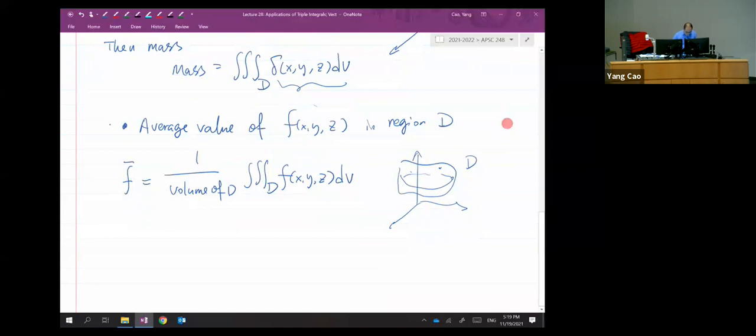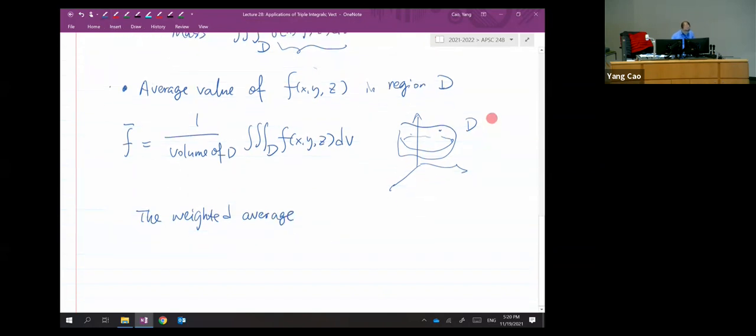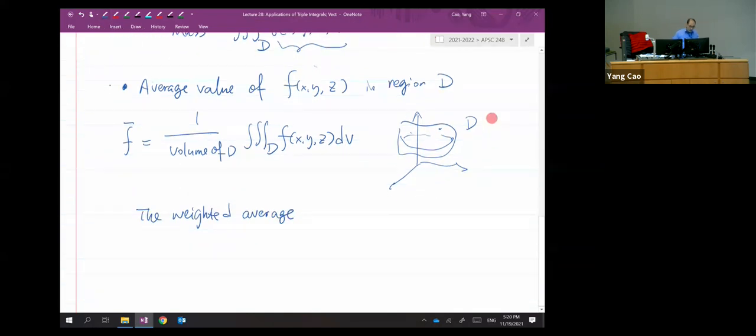An extension of this application is the weighted average. Weighted average means, how do you weight this function f?